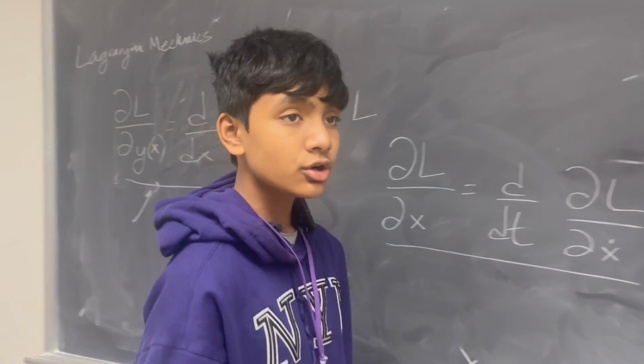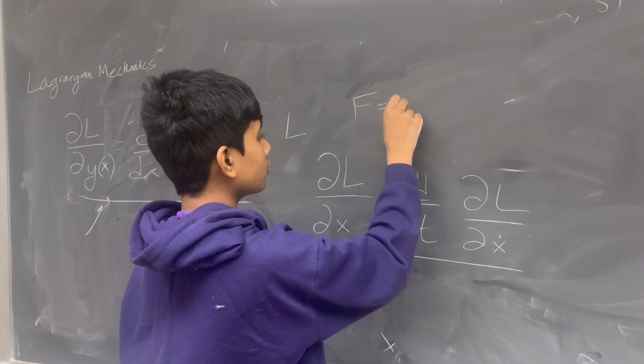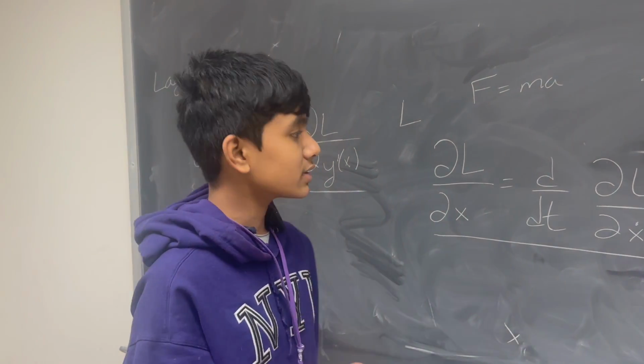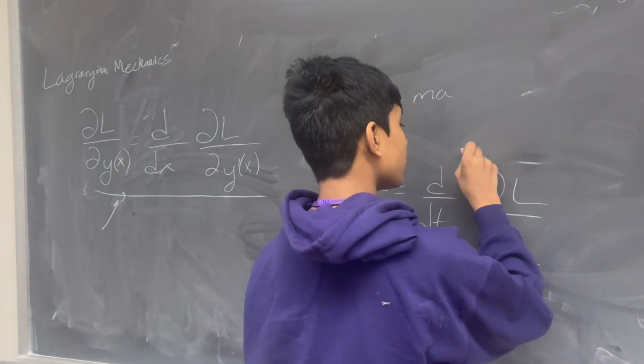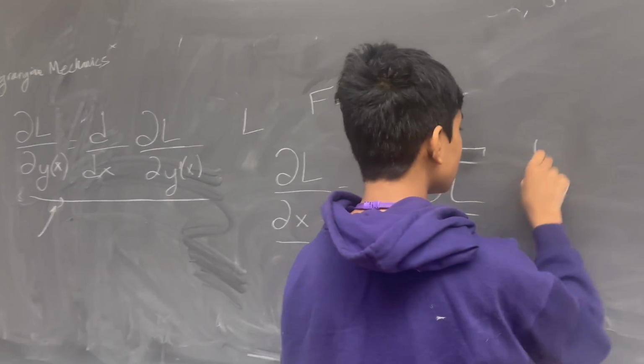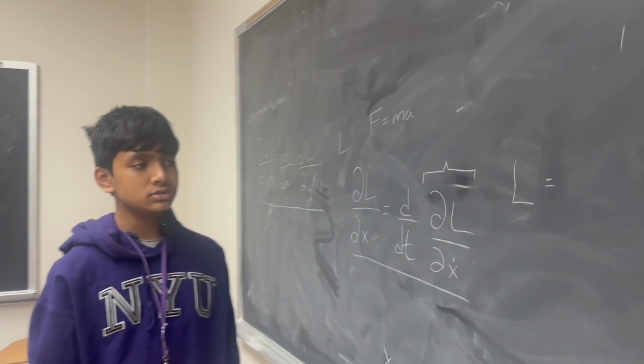Now, how do we turn that into the Newtonian mechanics that we all know and love? Well, here's one thing you should notice first of all. When you take this derivative of L, well, what is L composed of?